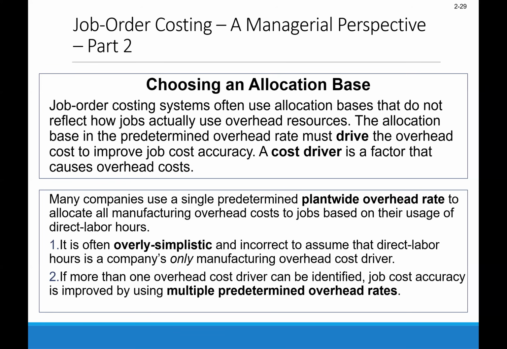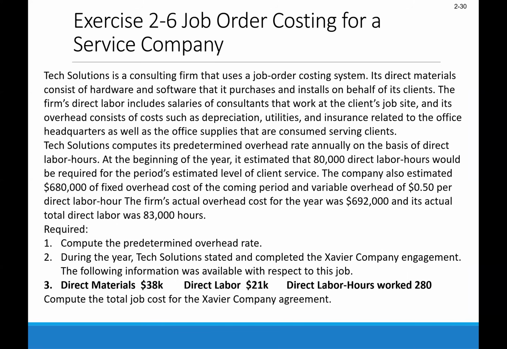A lot of companies will use a single predetermined overhead rate because it's simple, but sometimes it's overly simple and it's not going to allocate the cost correctly. So if more than one overhead cost driver can be identified, it might be beneficial to use multiple predetermined overhead rates, just so you know that.